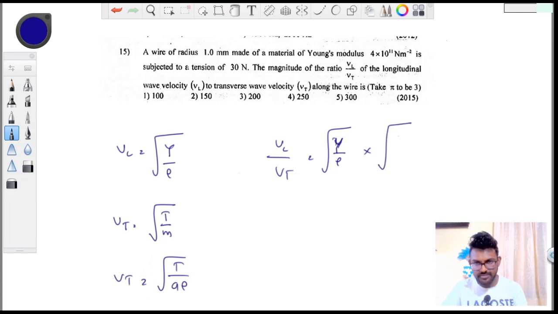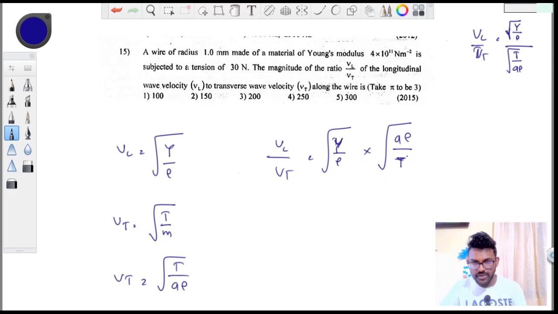We can just flip it, because I just need to take the reciprocal of it, so it will be A times rho over T. If you are wondering how I got it, VL over VT equals root of Young's modulus over rho, over root of T over A rho. That's how I wrote it this way.